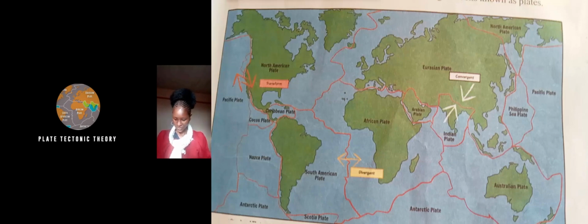So what have we been talking about, my good learners? I'm taking you through the plate tectonic theory, which is an improvement of the continental drift theory. This theory means the movement of the plates and the various features resulting from this movement.